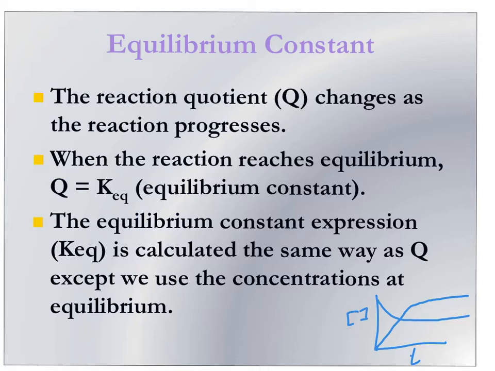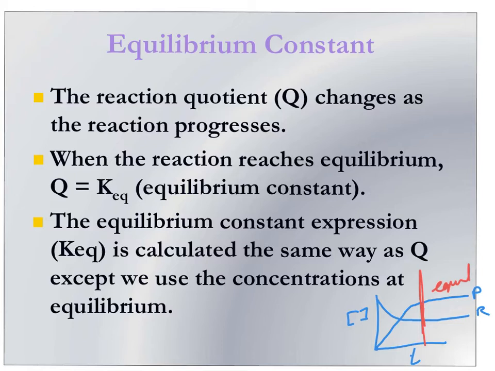And again, your products might be higher or lower than your reactants, depending on what type of reaction you're doing, right? But the idea is that at equilibrium, so right here, you've reached equilibrium, your ratio of products to reactants should be the same, because your products and your reactants are not changing.